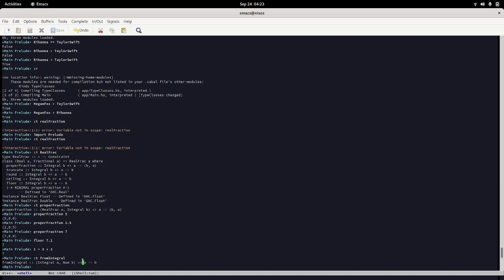I start by reading this, and I see that it's an a to b. Okay, what is an a to b? The a corresponds to this Integral, so a must be of the class Integral, and b must be of the class Num. This is kind of cool because we're saying that the return type must be of a certain type class, not a specific type. And so we're starting to kind of overload our functions here.